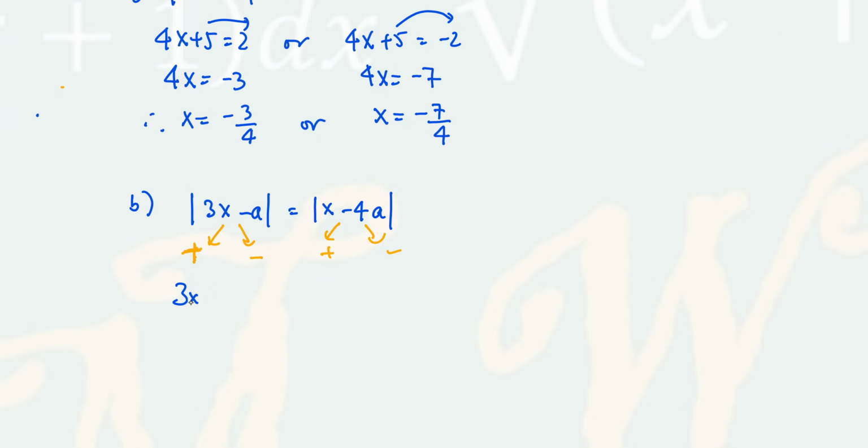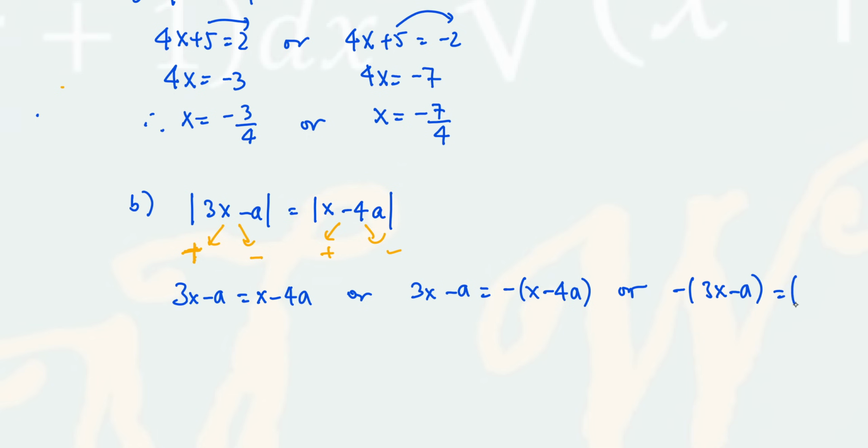The first one is both positive. The second one is first positive and the second negative. The third one is first negative and the second positive. And the last one will be both negative.